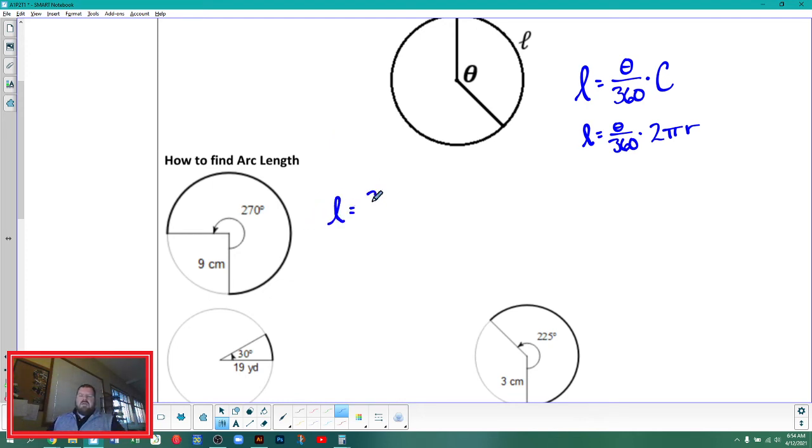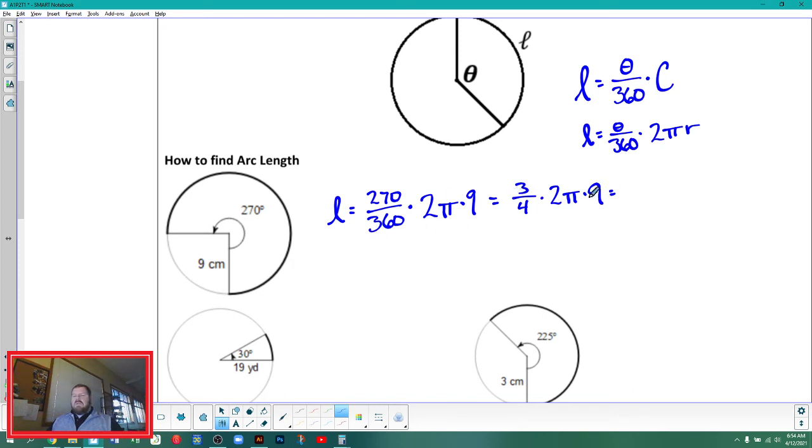It turns out that 270 degrees is like 3/4 of a circle, which would make sense because this would actually reduce to 3/4. And we're going to say times 2 times pi times 9.